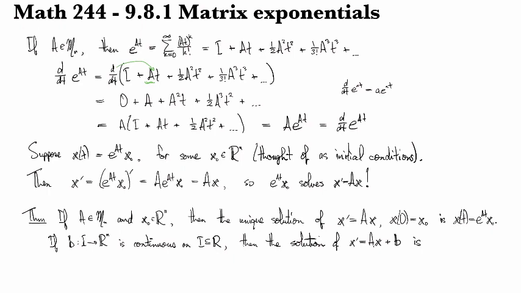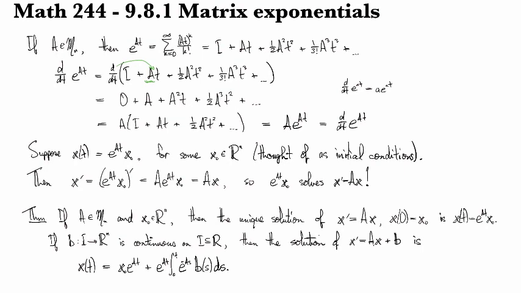And in this form, it looks like x naught e to the At plus e to the At times the integral of x inverse of s, B of s, ds. So there's our fundamental matrix X, and there's good old variation of parameters.